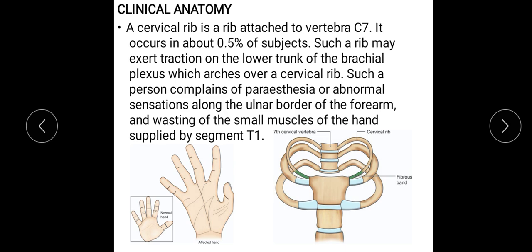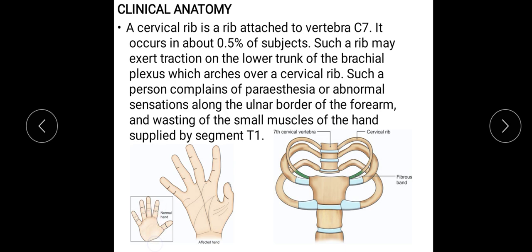Such a rib exerts traction on the lower trunk of the brachial plexus, which arches over the cervical rib. Such a person may complain of paresthesia or abnormal sensation along the ulnar border of the forearm. And there is wasting of the small muscles of the hand, which are supplied by T1 spinal nerve.